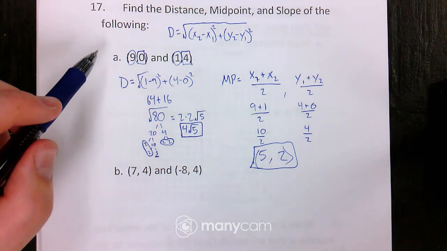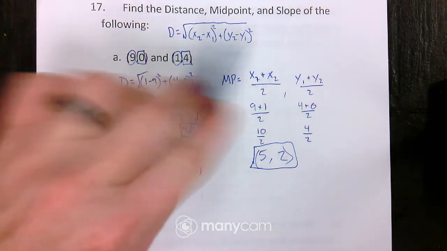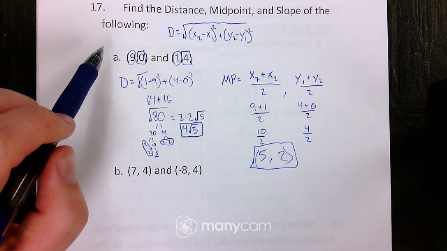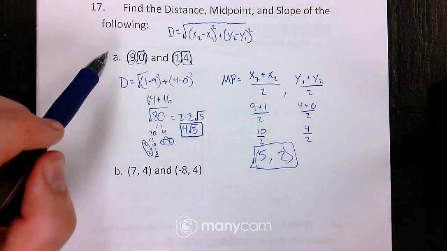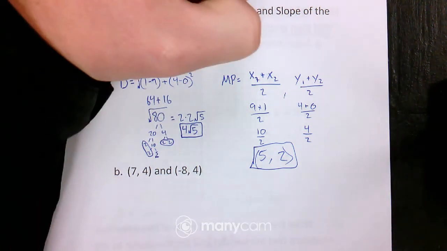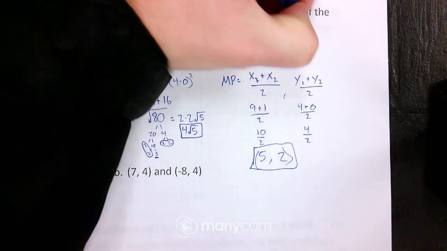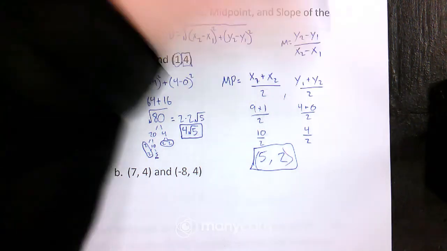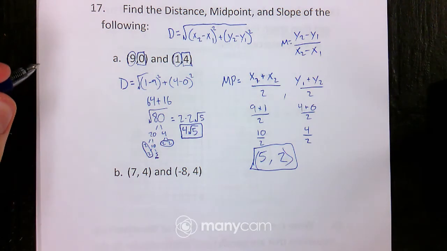Yeah, find the distance, midpoint, and slope of the following. And then the slope is, remember slope, y2 minus y1 over x2 minus x1. Very similar kind of equations here.